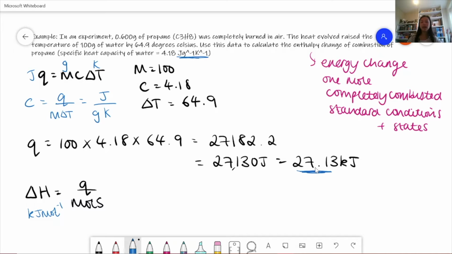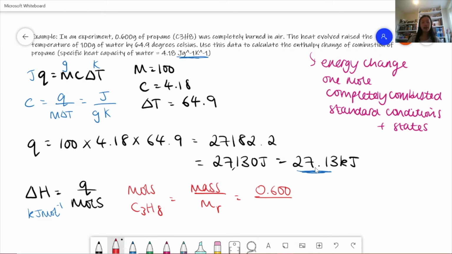So now we need to find the moles. And this moles corresponds to the moles of propane. So moles of C3H8 is the mass over the molar mass, over MR, which equals the mass, which is 0.600.